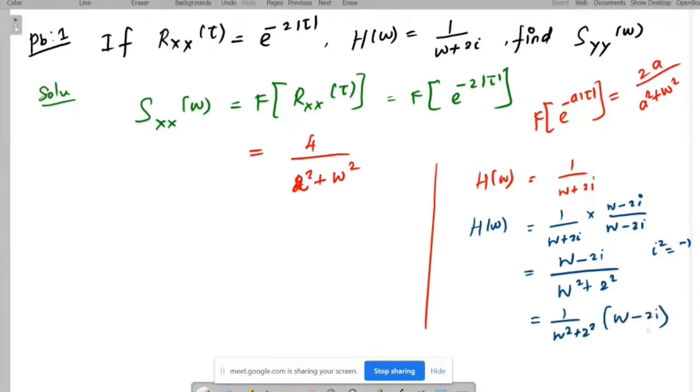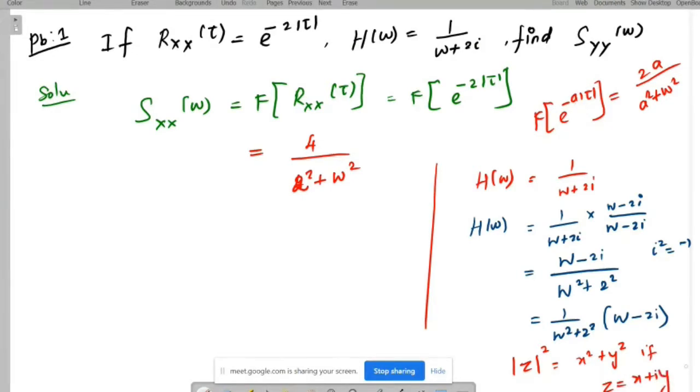Now I'm going to take the modulus. You already know the formula for complex numbers: modulus z square is nothing but x square plus y square, if you take z as x plus iy, right? So now I am going to apply this formula.